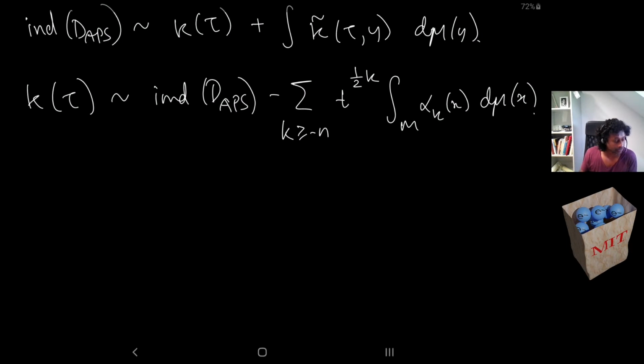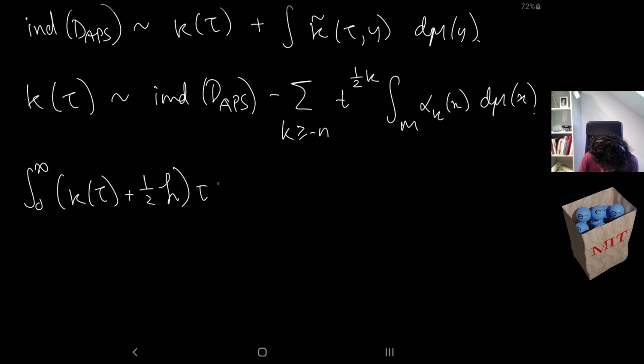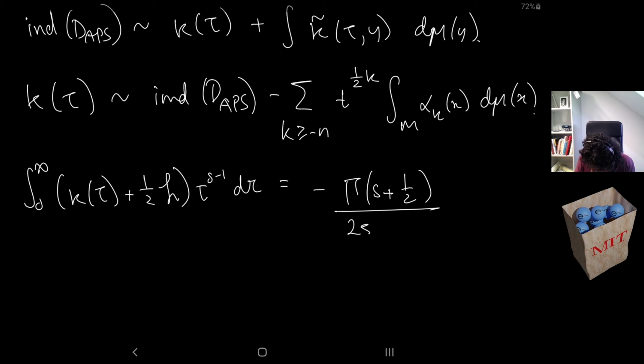We have an expression that the integral from 0 to infinity of this k tau plus a half h that we wrote in this fancy way, tau to the s minus 1 d tau, is equal to the negative of the gamma function of s plus a half over 2s root pi eta 2s.